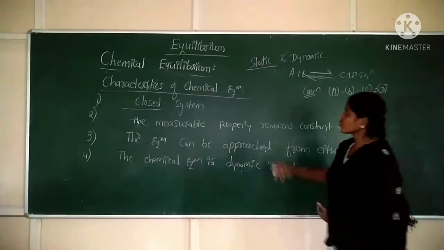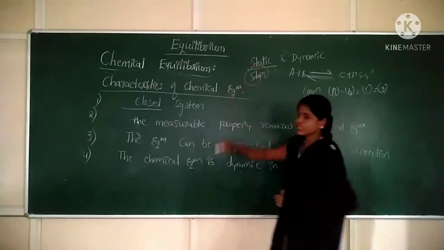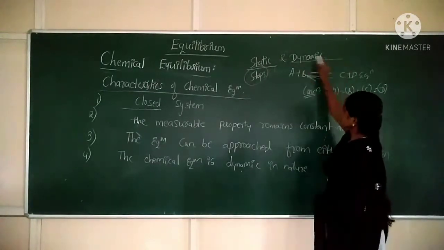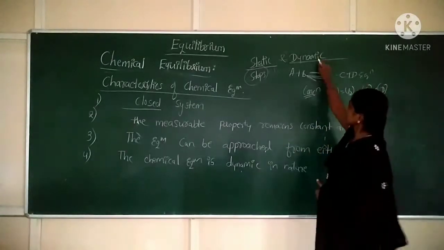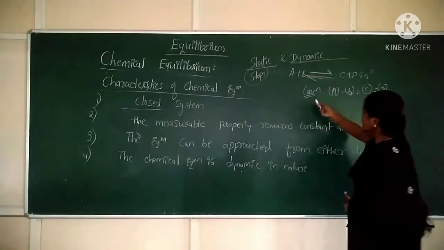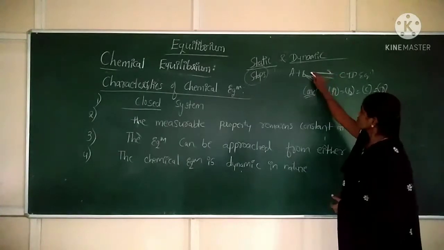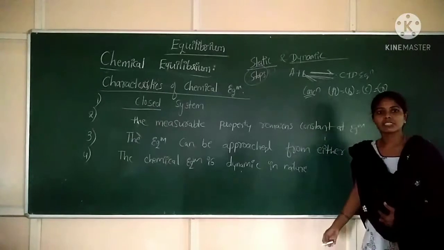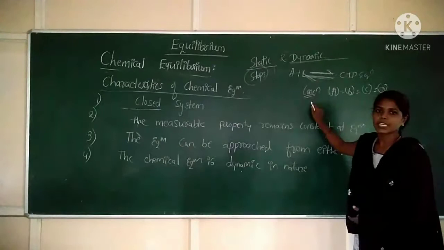There is no movement, or the process stops. That will be called a static equilibrium. If the process is continuously taking place, that will be said to be a dynamic equilibrium. Dynamic equilibrium means the reaction continuously takes place both in the forward direction as well as in the backward direction. So this is what we call dynamic equilibrium.